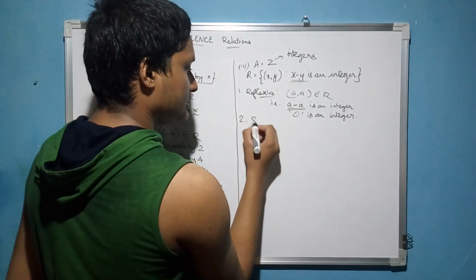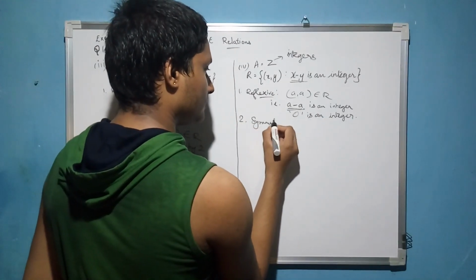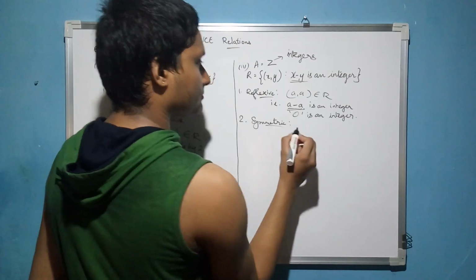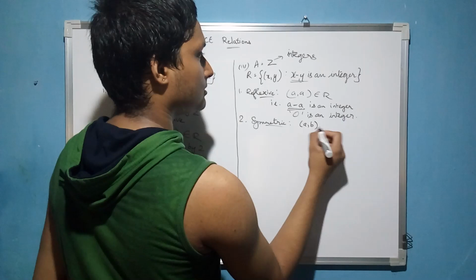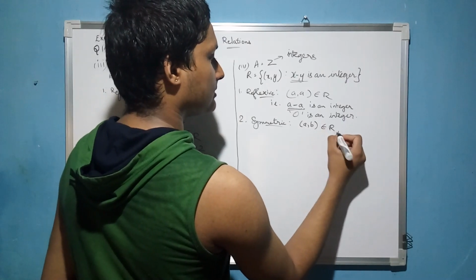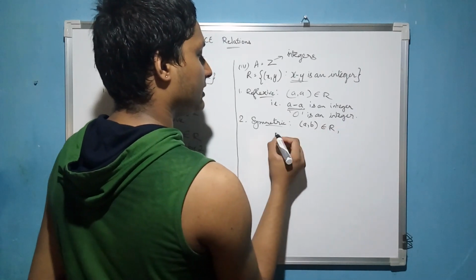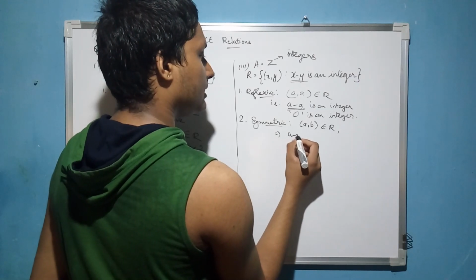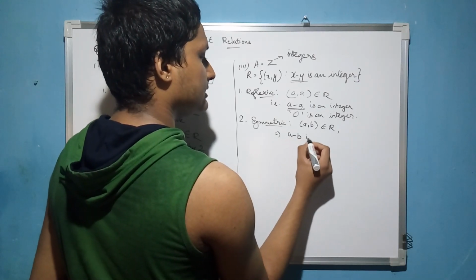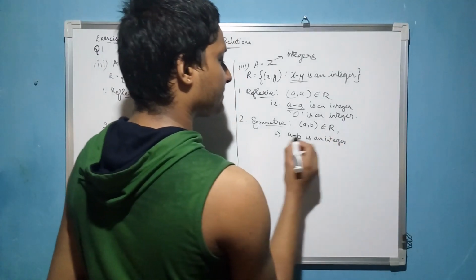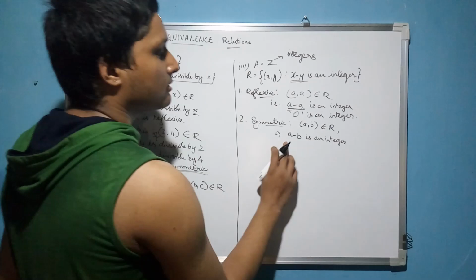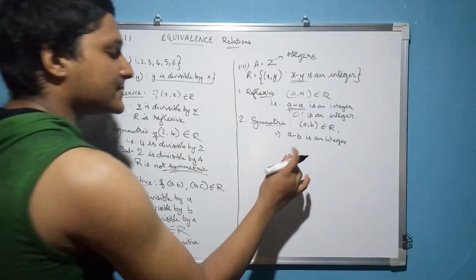The second one, symmetric. How to find symmetric? a comma b belongs to R. Therefore, a minus b is an integer. I'll take one minus sign outside such that b becomes positive.